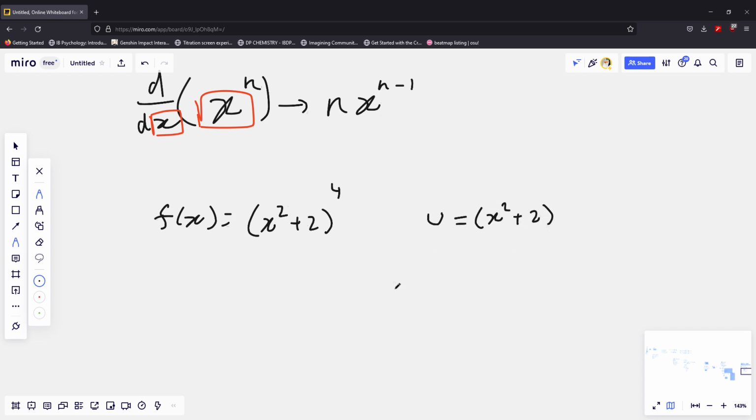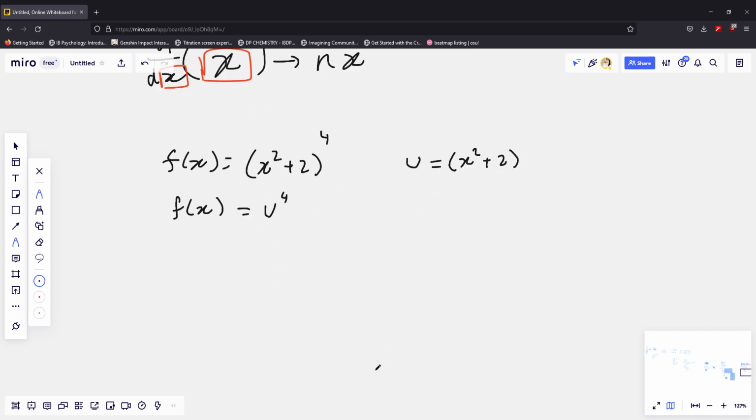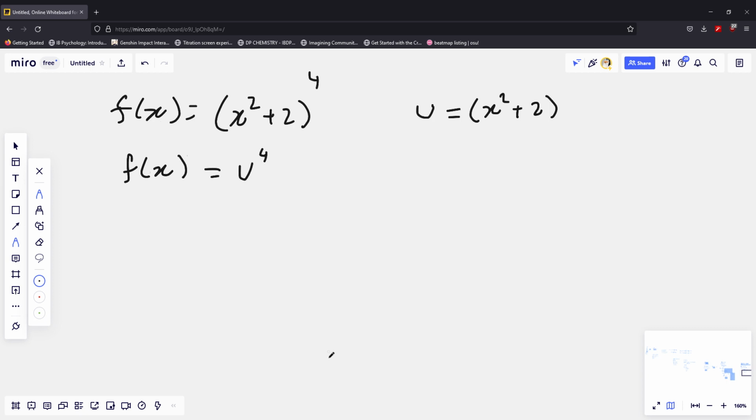Then we can say f of x is equal to u to the power of 4. Well, this is great and all, but now we have f as a function of u, not x. That's no good, right? You'll see why we did this step in a bit.